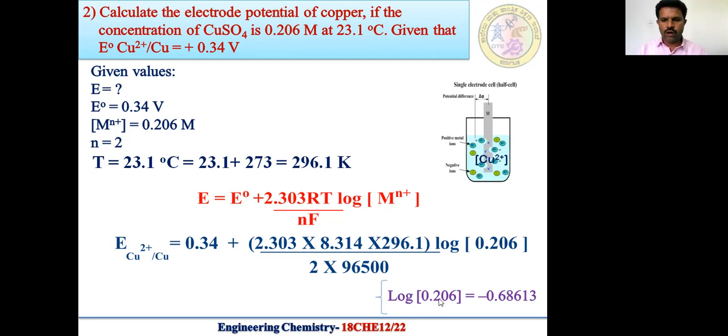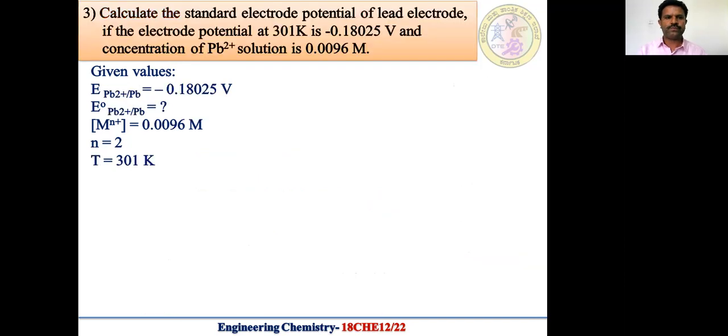So the log of 0.206 will be equal to minus 0.68613. After the calculation, we'll get the electrode potential of the copper metal under these conditions equal to 0.3198 volt. So in this way, we can calculate the electrode potential of the given copper electrode.